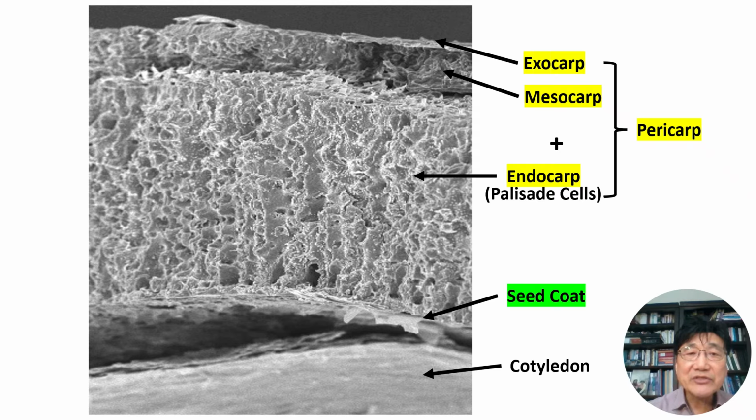The innermost zone of the pericarp is the endocarp, composed of conspicuous palisade cells. The outer and radial walls of the palisade cells are so thickened that the lumen is reduced. There are many cavities extended from intercellular spaces.